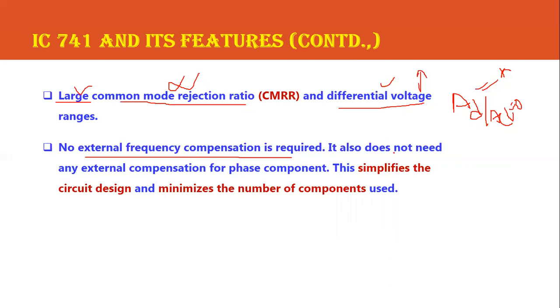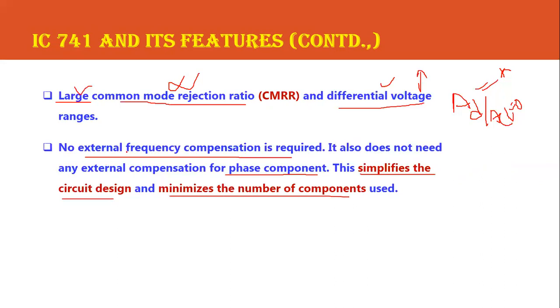It also doesn't need external compensation for phase component. So regarding phase parameters also, it nullifies the additional things that you are getting. Hence this simplifies the circuit design and minimizes the number of components.